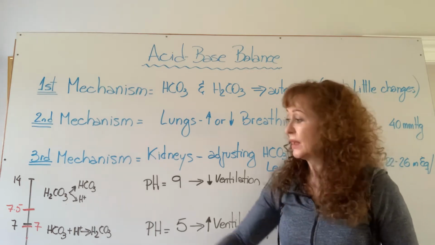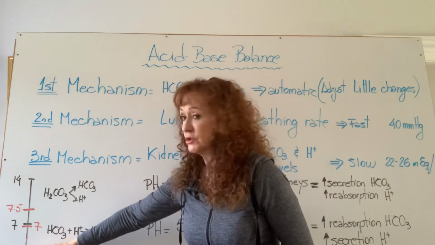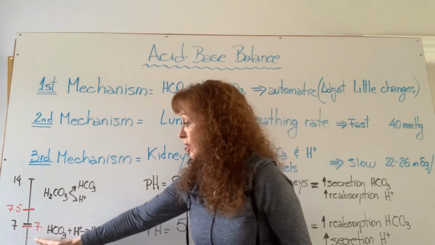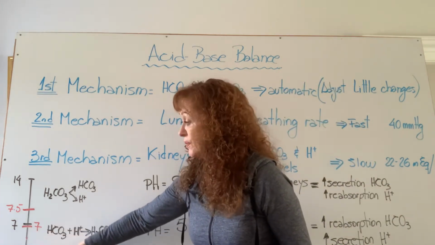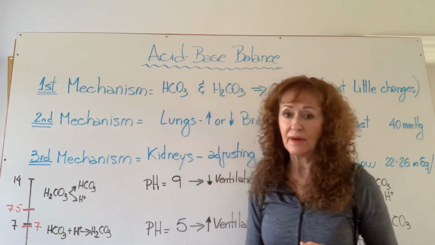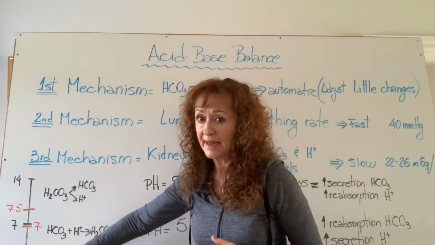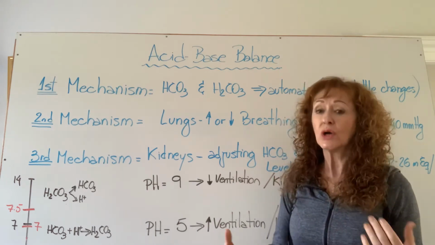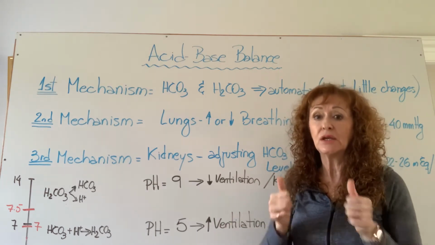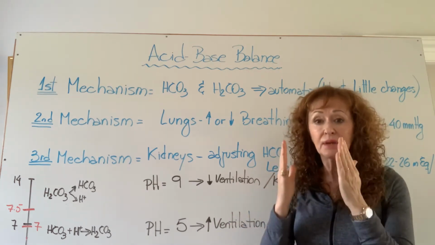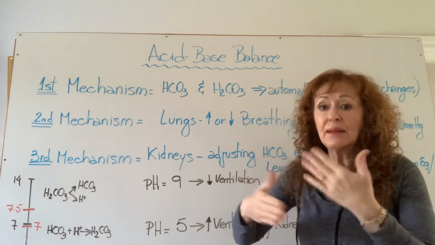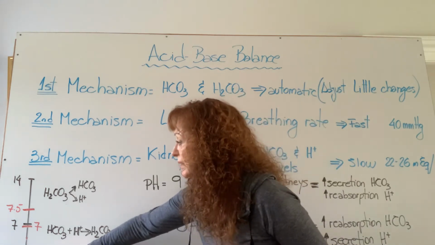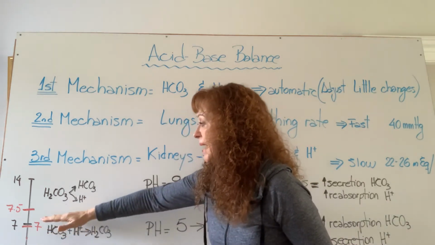Now, how are we going to adjust that drop in the blood pH, which represents a higher amount of hydrogen? If we have a higher amount of hydrogen, we have a higher amount of carbon dioxide. So how are we going to adjust it? By increasing the breathing rate. Increasing the breathing rate, we eliminate more carbon dioxide and we can bring that pH back to normal.